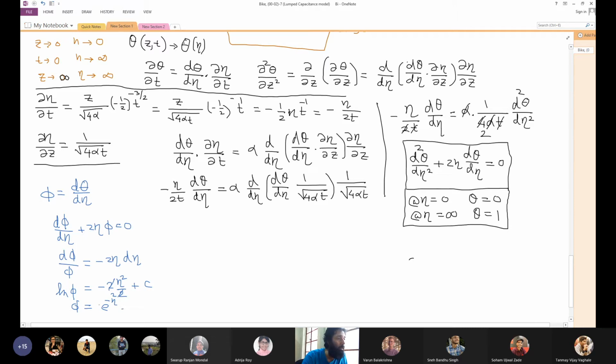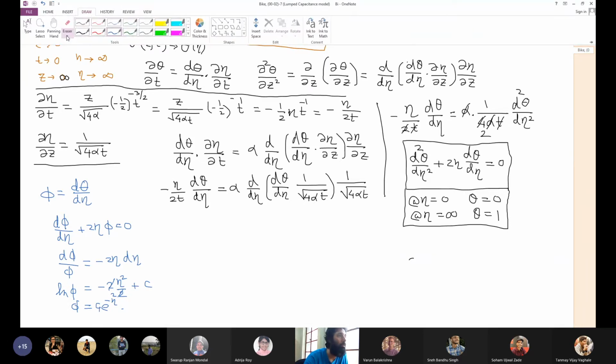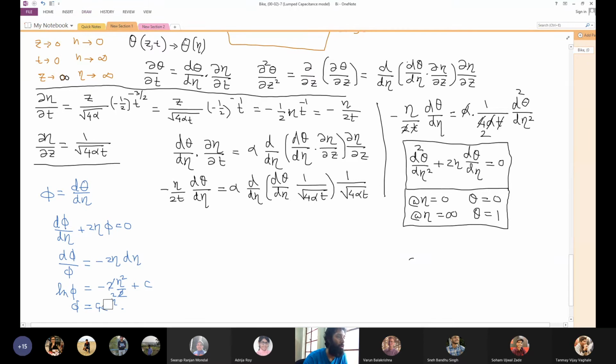So we can write it as c1. From here we can write that phi equals to e to the power minus eta square plus c.